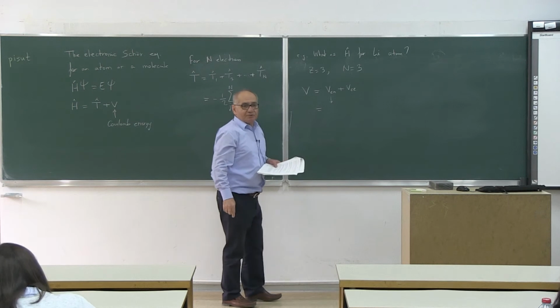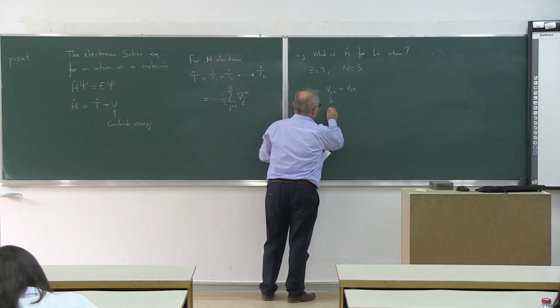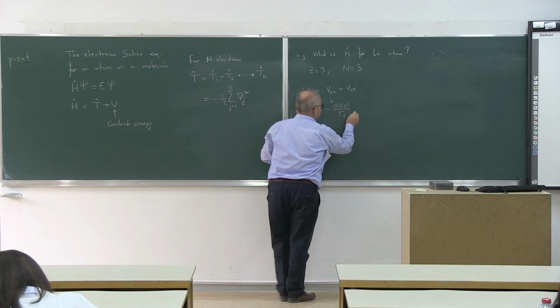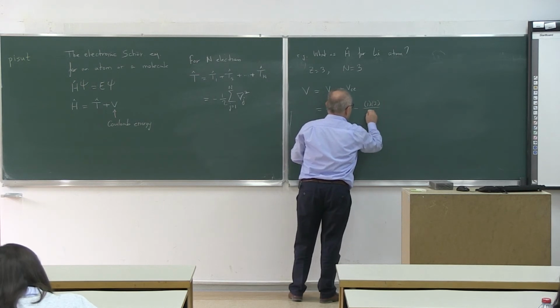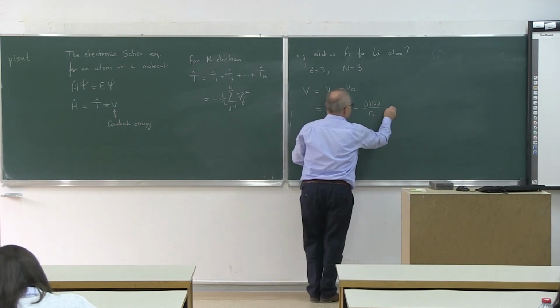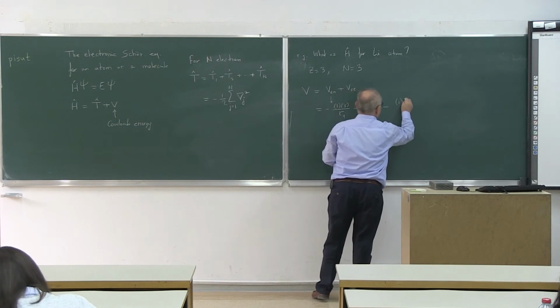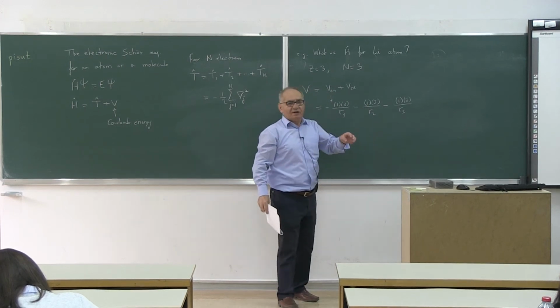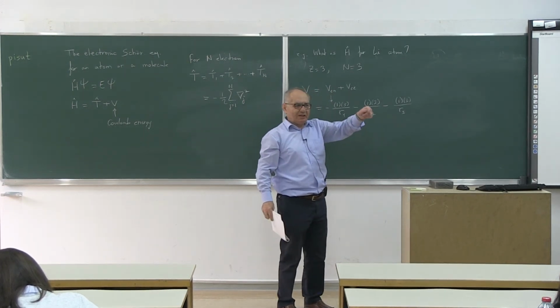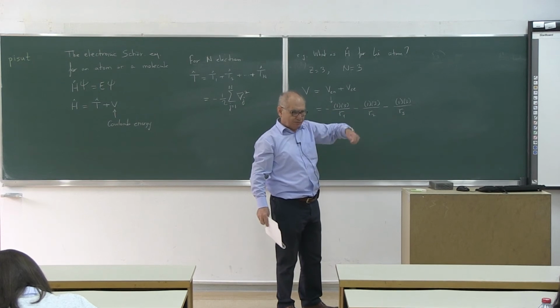Electron-nucleus interaction is minus 1 times 3 divided by R1 minus 1 times 3 divided by R2 minus 1 times 3 divided by R3. R1, R2, and R3 are the distances of the electrons to the nucleus.